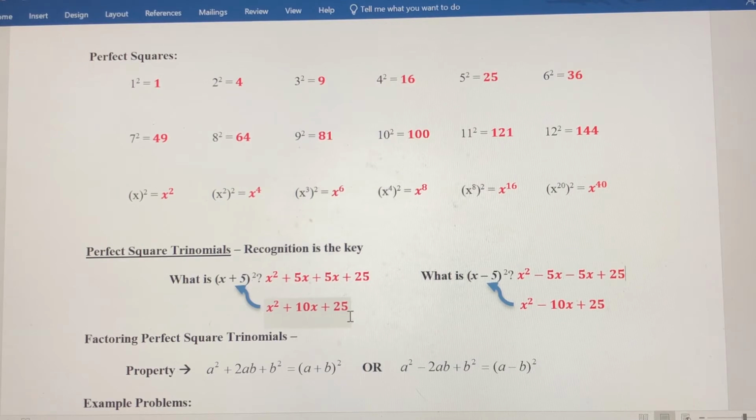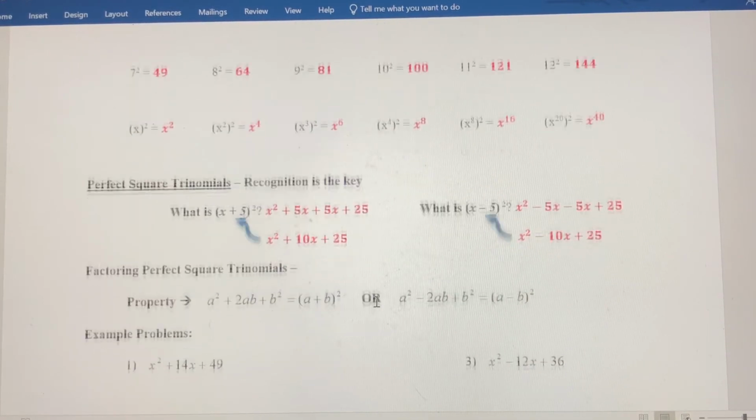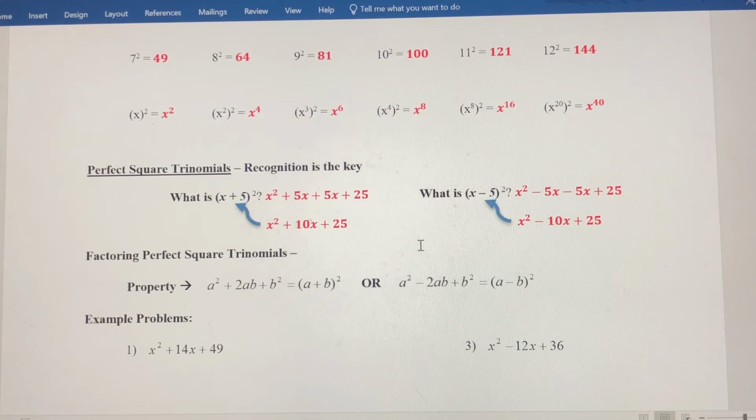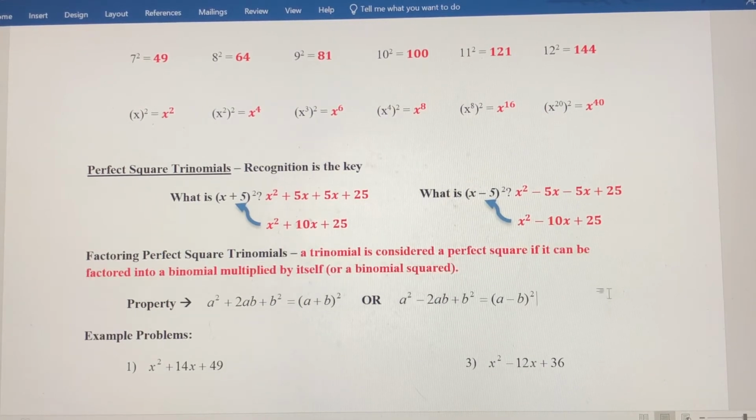If you don't, it doesn't mean you can't factor this. You're still going to use the AC method that you learned previously. But if you can recognize that you're dealing with a perfect square trinomial, then it just becomes easier to factor. So, factoring perfect square trinomials. A trinomial is considered a perfect square if it can be factored into a binomial multiplied by itself.